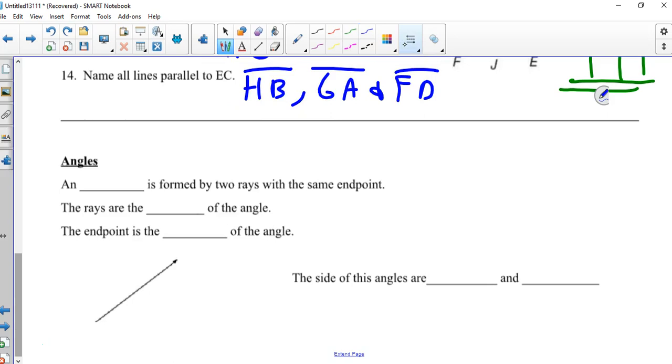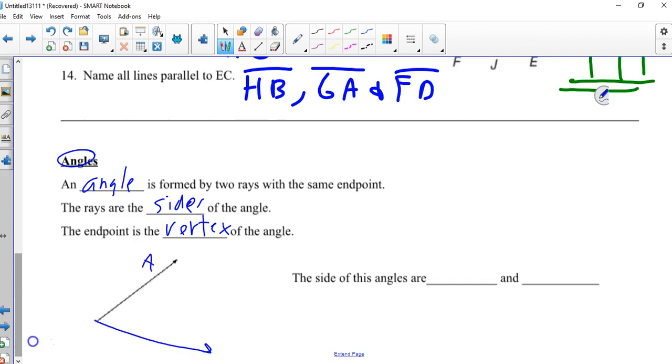And blank is formed by two rays with the same endpoint. Angle. The rays are the sides of the angle. The endpoint is the vertex of the angle. Okay, this did not all show up, and I think it's missing some letters.